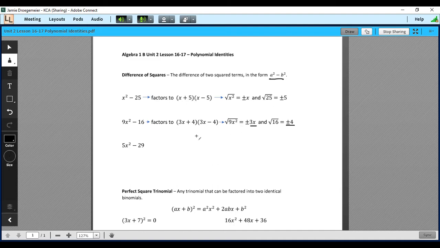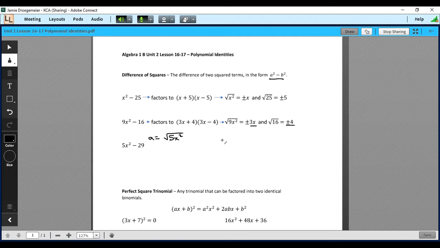Well, what if we have a polynomial like this that is not a difference of squares? Well, we can use this same idea where we're taking the square root to help us figure that out. So in this case, the square root of 5x squared, that's going to be our a term here in our a squared.